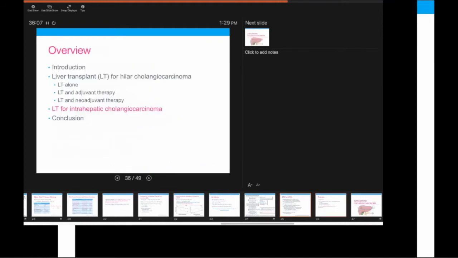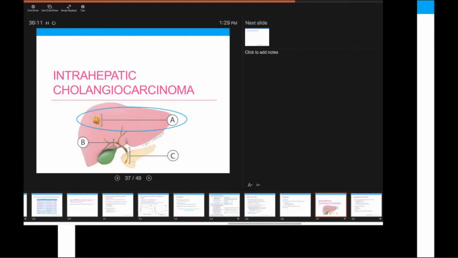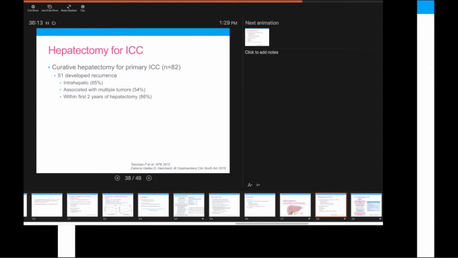Okay, so switching gears a little bit, transplant for intrahepatic cholangiocarcinoma. Hepatectomy is curative for primary intrahepatic cholangiocarcinoma. Unfortunately, this study evaluated 82 patients, and of those who underwent hepatectomy, 51 developed recurrence. 65% were intrahepatic, 54% were associated with multiple tumors, and 86% of these patients developed recurrence within the first 2 years of surgery.